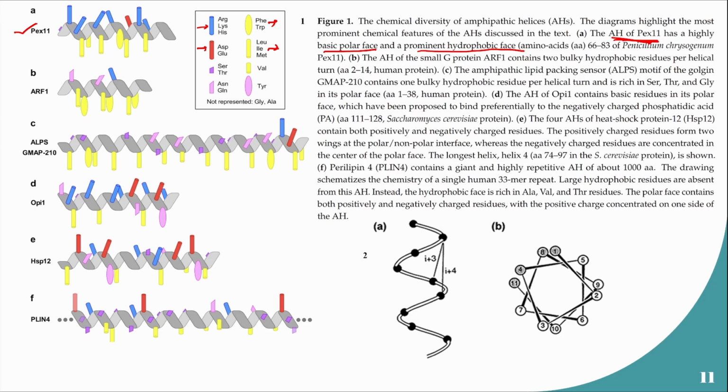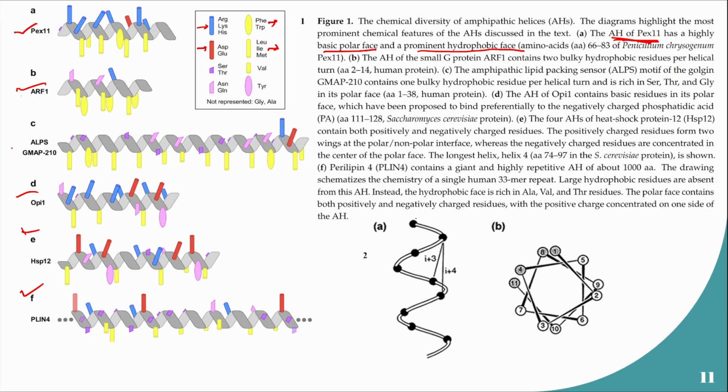So the periodicity or the amphipathic nature of the sequence is creating this kind of pattern. And if you notice the other ones as well, you'll notice similar things. A, B, C, D, E, F, all of the examples in this one have this particular arrangement for amphipathic amino acids.